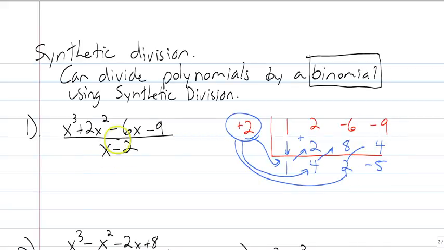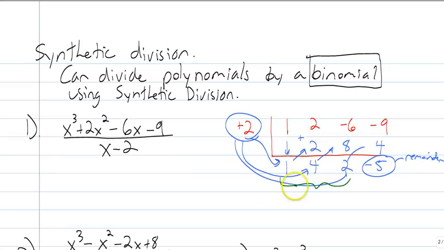And in fact, I should say that this isn't actually a 0, because this does not divide nicely into that. You have a remainder. So this is your remainder. And these are the coefficients of your final answer. And it's always 1 degree less than what you started with, because you divided something by a binomial. So we divided something with an x term.